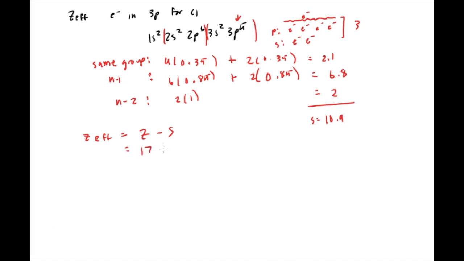So this would be 17 minus 10.9, which will give you a final answer of 6.1. And so this is the effective nuclear charge for an electron in the 3p orbital for chlorine.